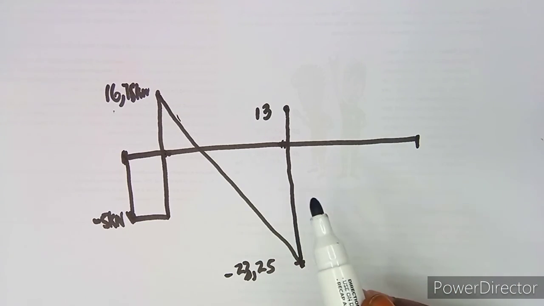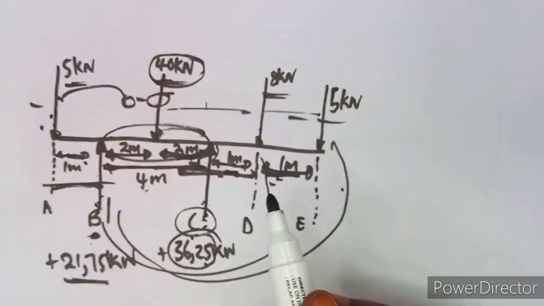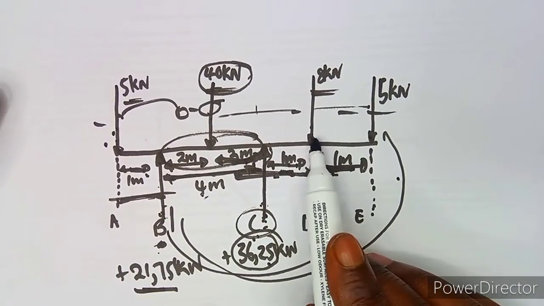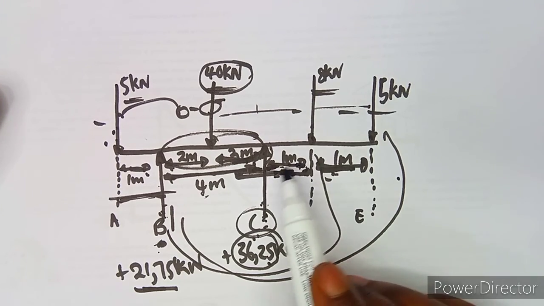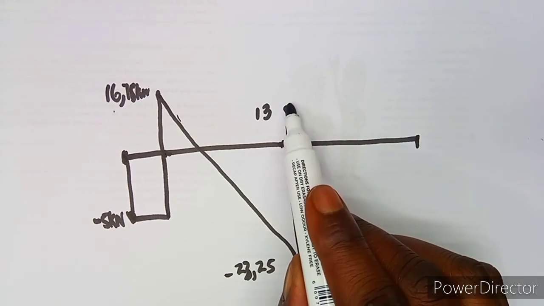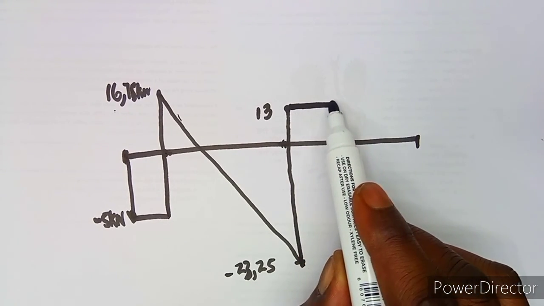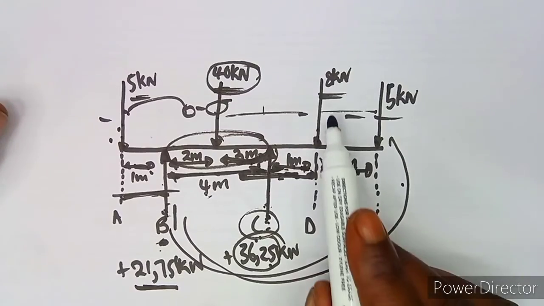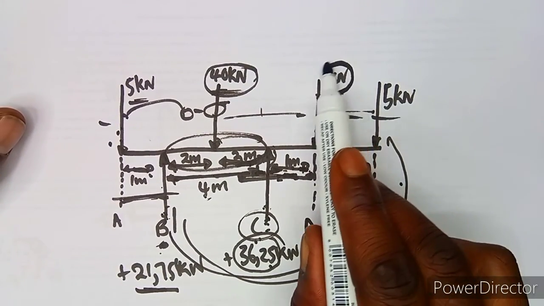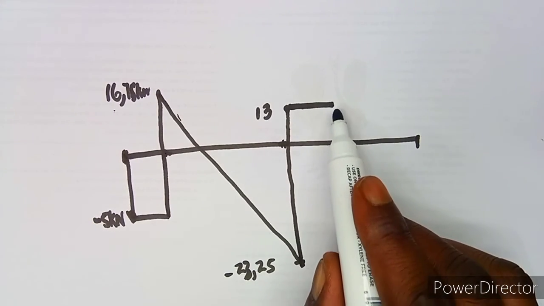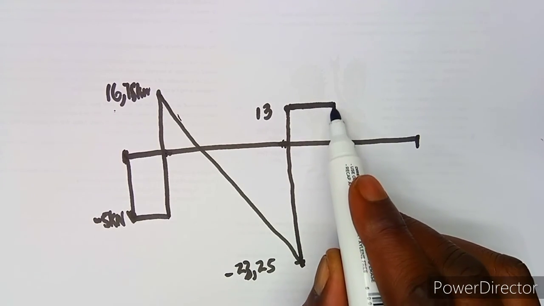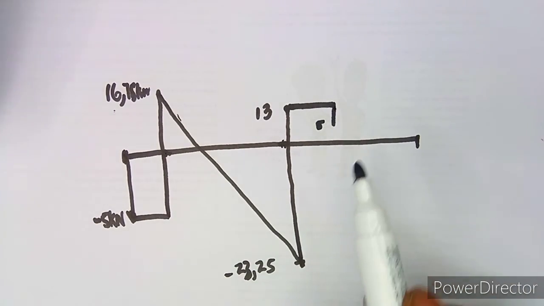Okay, so from 13 we have 8. There's a distance of 1 meter there, so you're supposed to do proper measurements again, to move this distance of 1 meter like this. Then you're going to move 8 units downwards. That's 13 minus 8, which means you're going to end at 5.